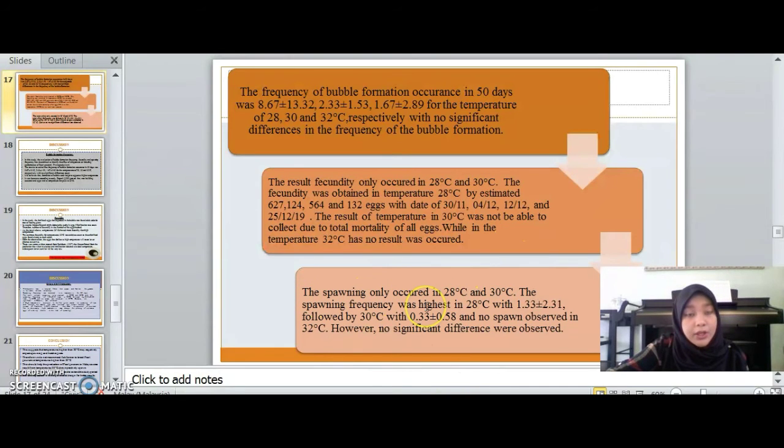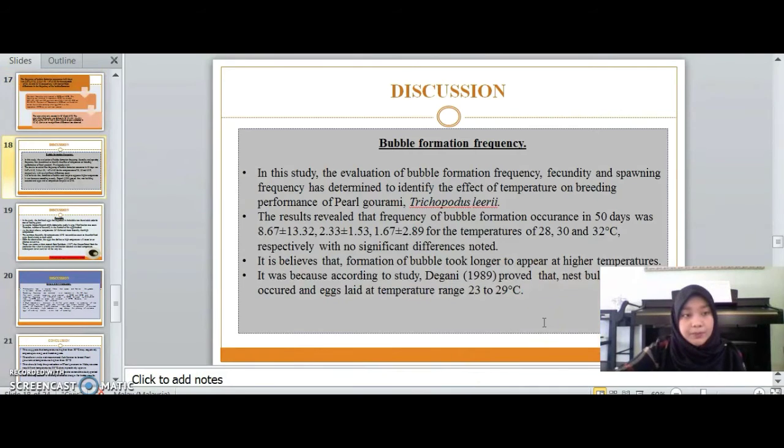Spawning occurred at 28 and 30. Spawning frequency was highest at 28 degrees with 1.33 plus minus 2.31, followed by 30 degrees Celsius with 0.33 plus minus 0.53, and no spawning was observed at 32 degrees. However, no significant difference was observed.